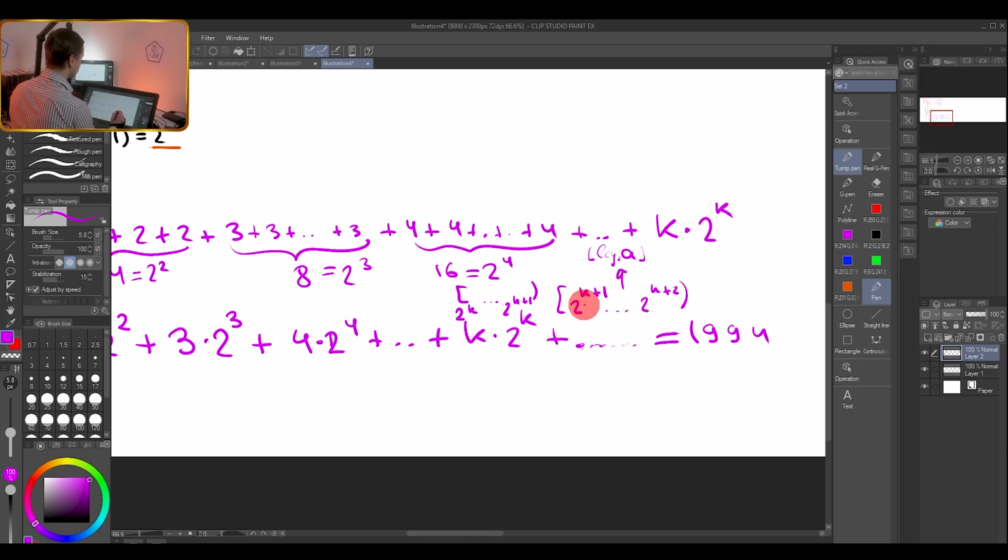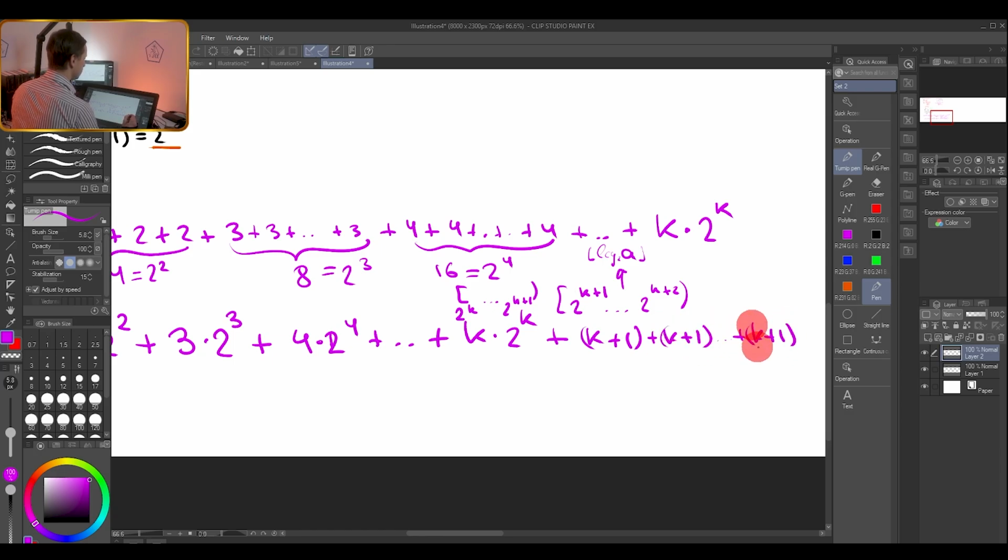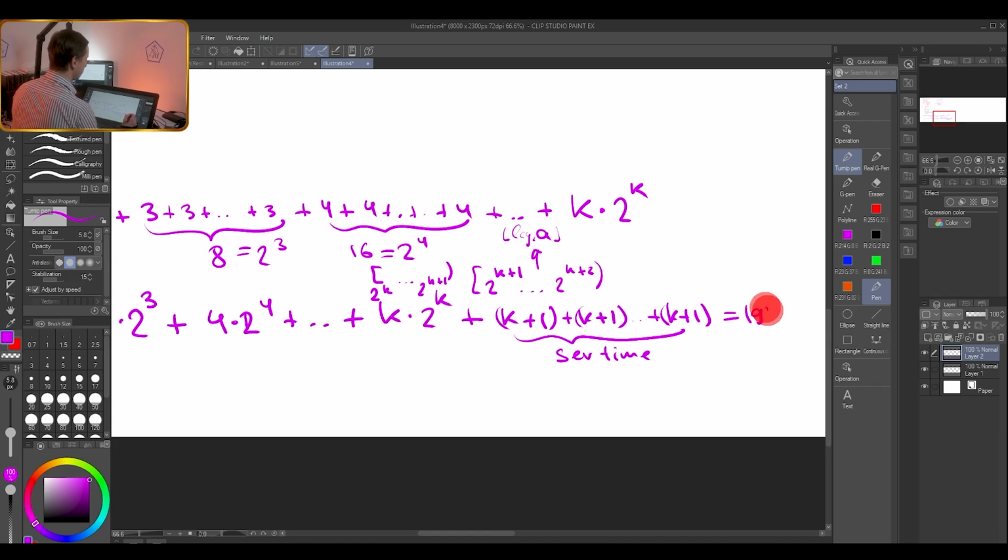Obviously it will be again the power of 2 on the left side, so it will be k plus 1, k plus 1, k plus 1. So at this point we can extend this sum a little bit. It will be plus k plus 1. I promise you that it will be very simple soon, it's not as complicated as it may look now. K plus 1 just several times, and we should end up with 1994.